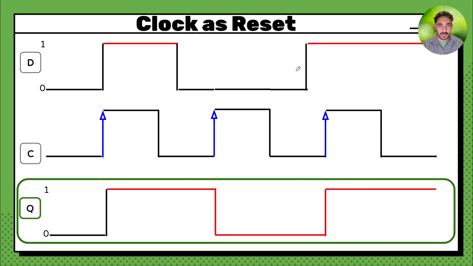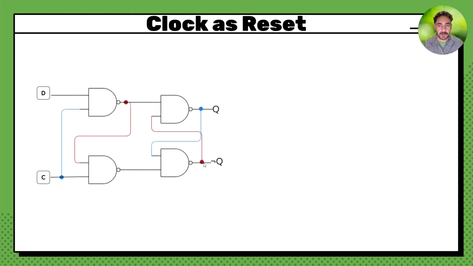Then when D changes to 1 again here, Q doesn't change until the rising edge of the clock, in which case the output is changed for Q. In this example, we can see that the value of D changes a few times, but does not affect the output of Q unless the changes correspond to a high pulse of the clock. We can see that here, where Q doesn't change until after the rising edge of the clock, where Q is affected. So in the exam, you're not really required to remember how to draw a D-type flip-flop.